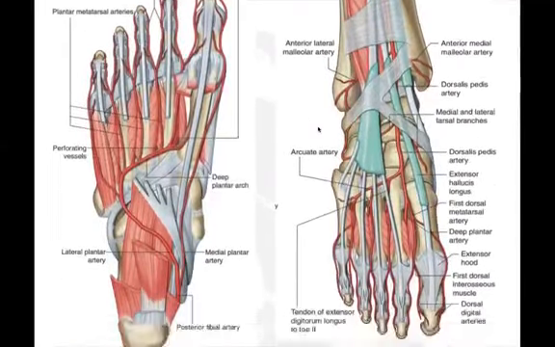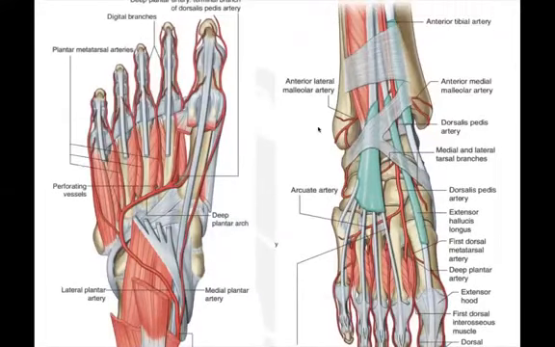So this is the anterior tibial artery, right? When it passes the ankle joint here, it will be the arteria dorsalis pedis.